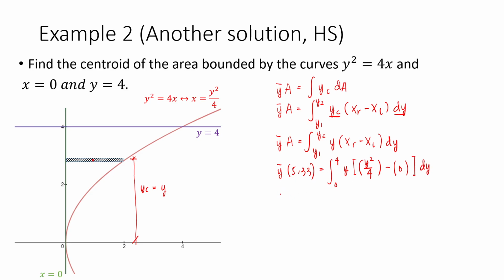Again, I want to help my calculator, so I'm going to simplify the equations first before plugging it in the calculator. Since I'm going to distribute this and the other term is 0, what's left is just y cubed over 4 dy.